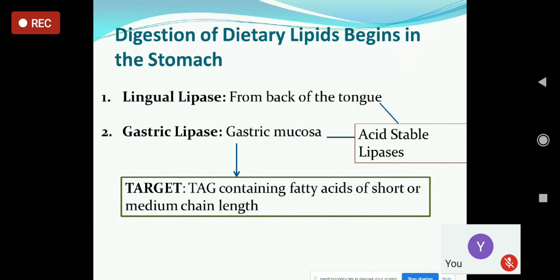These same triacylglycerols having short or medium chain length are again degraded by gastric lipase, which is an acid stable enzyme. The triacylglycerol molecules containing short or medium chain length are mainly found in milk fat.